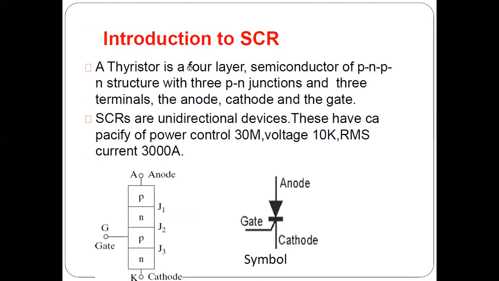A thyristor is a four layer semiconductor device of PN structure with three PN junctions and three terminals, that is anode, cathode and gate. So how can you define a thyristor or SCR? It's a four layer semiconductor device.